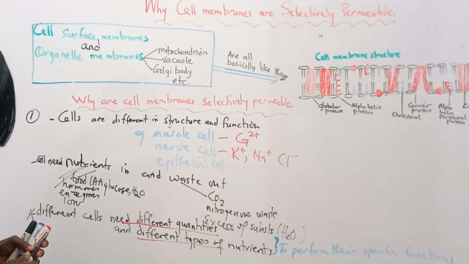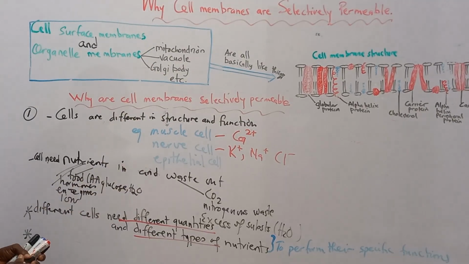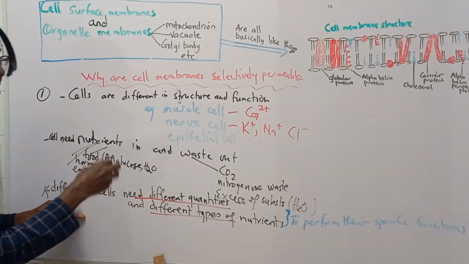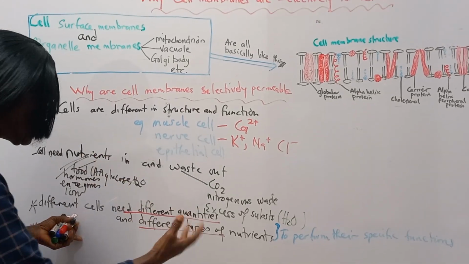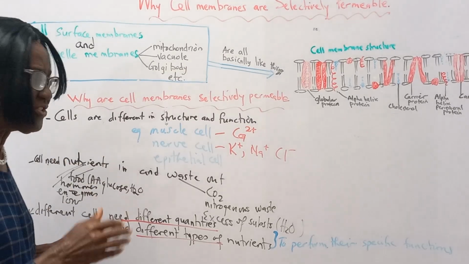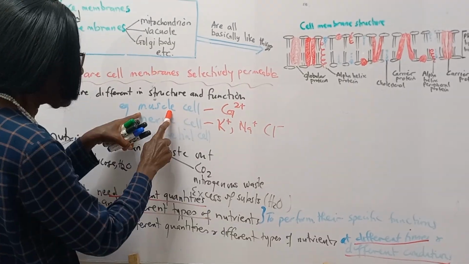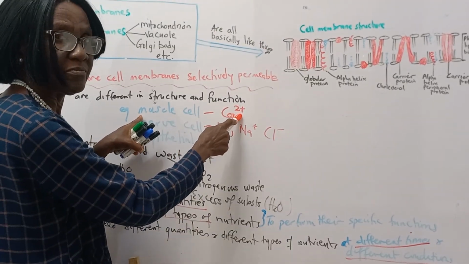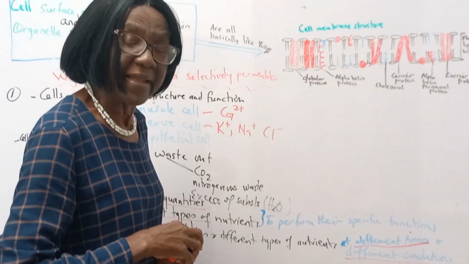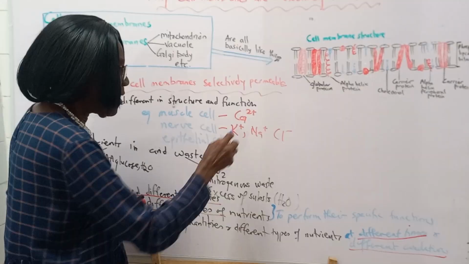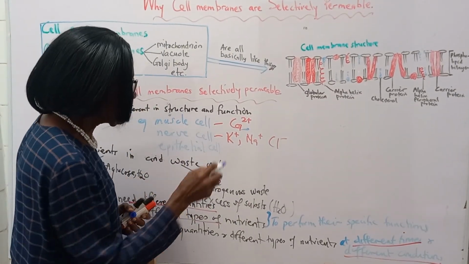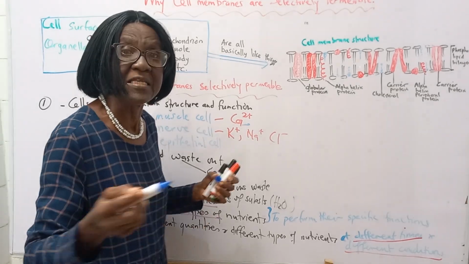Then another point why cell membranes are selectively permeable is that different cells need different nutrients at different times under different conditions. For instance, muscle cells need calcium, but for a muscle cell that is actively working, like a person running, the amount of calcium the person will need will be different from when the same person is sleeping.